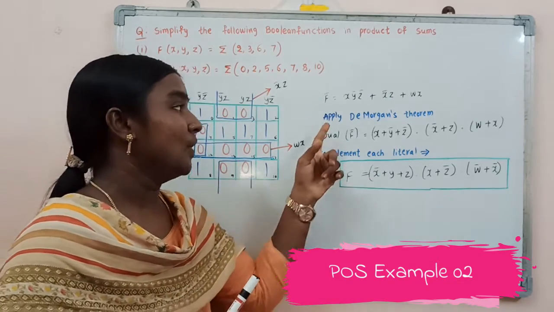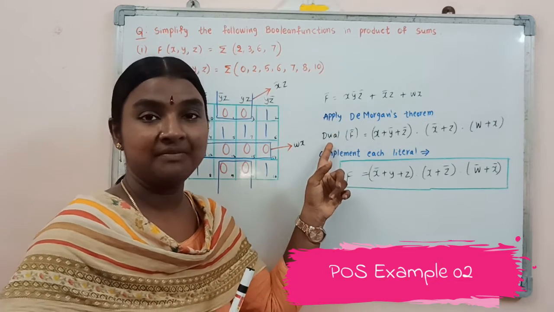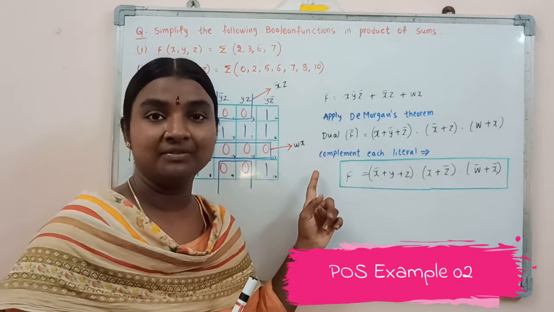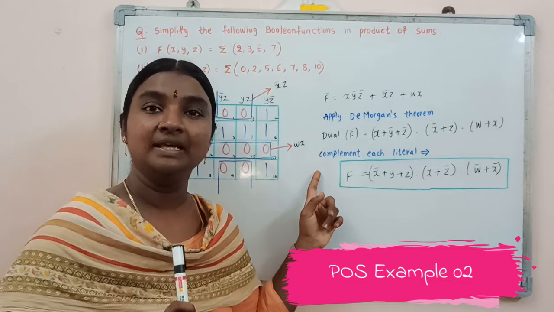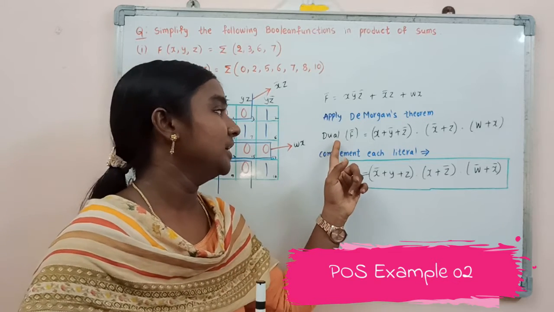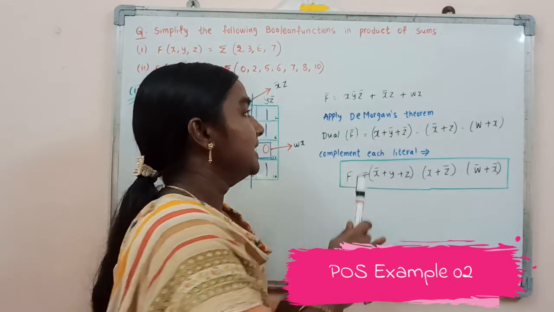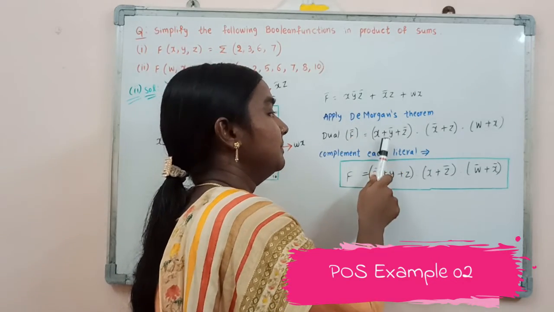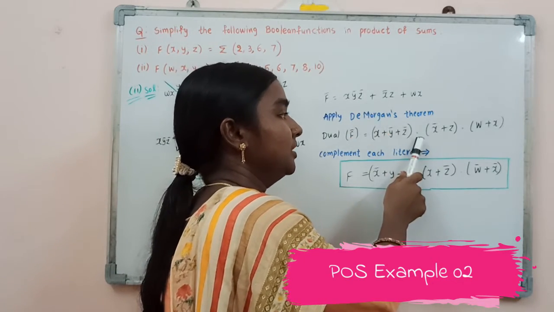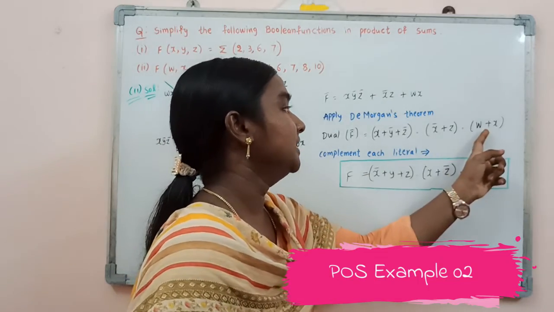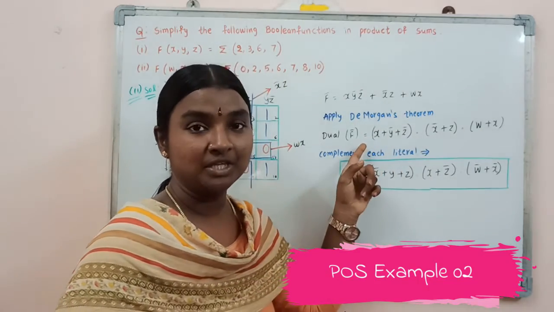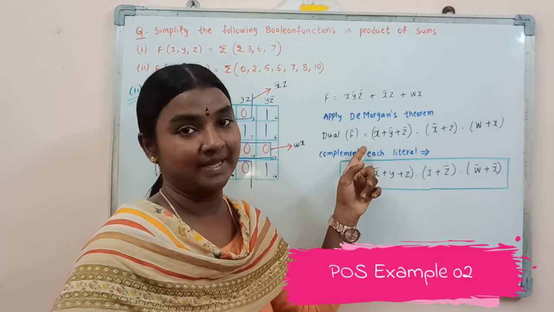So to apply De Morgan's theorem, firstly we need to find the dual, and after that we need to complement each literal in the dual function. So applying the dual to this function, we replace the dot operator with plus and the plus operator with dot. By following that procedure, we can find the dual of f complement like this.